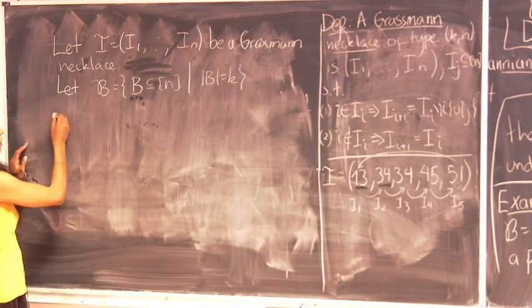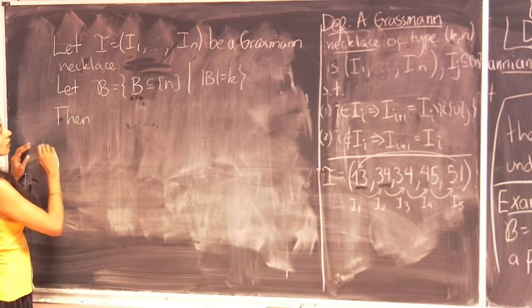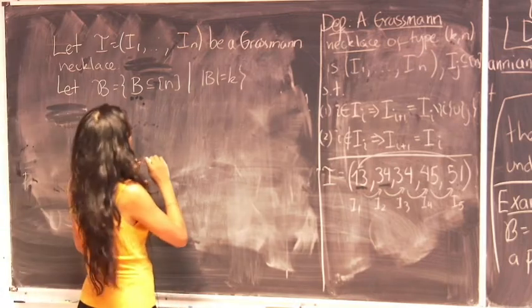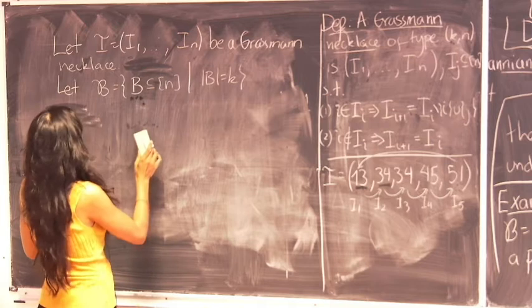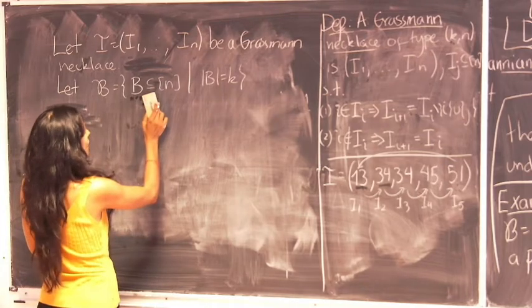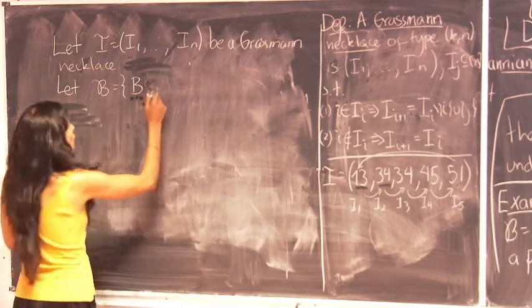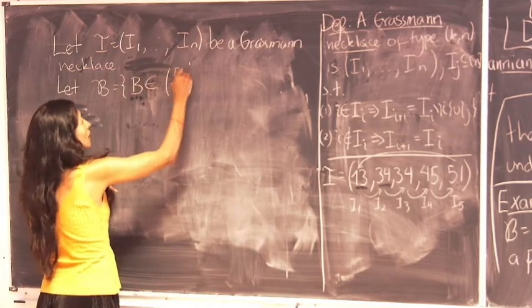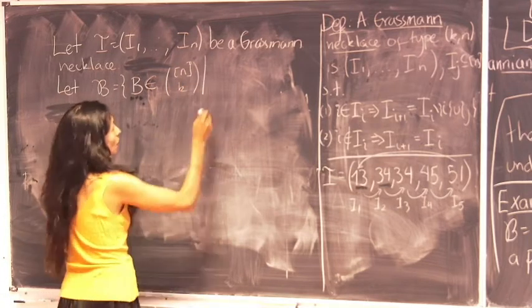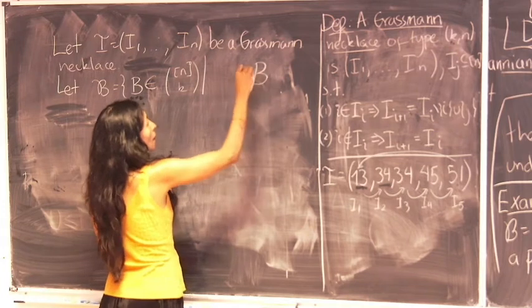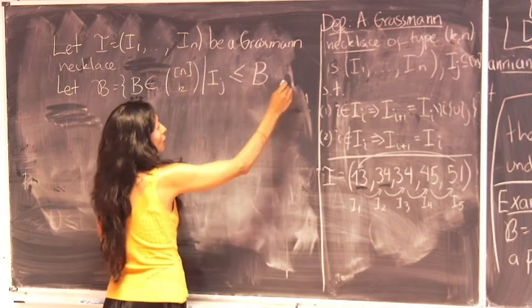So let me write it like this. B is a subset of N of size K such that the condition now is that B is bigger than or equal to I sub j for all j.